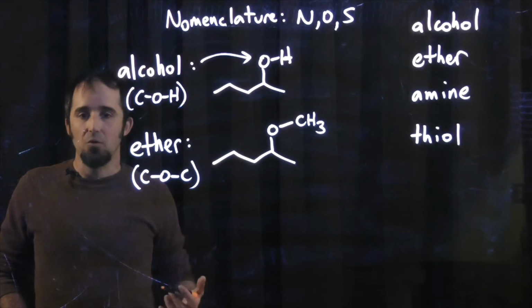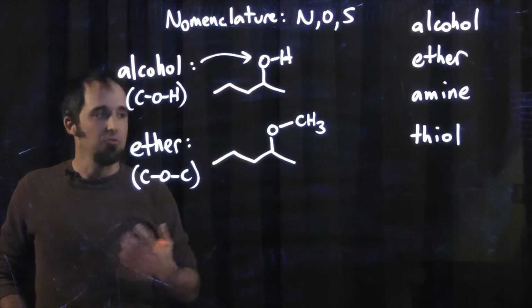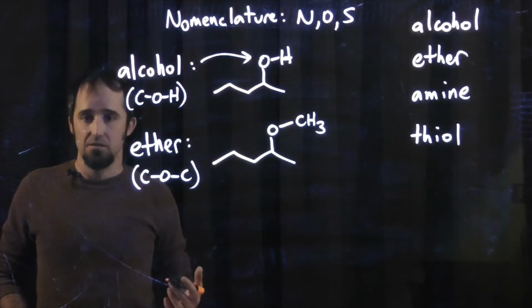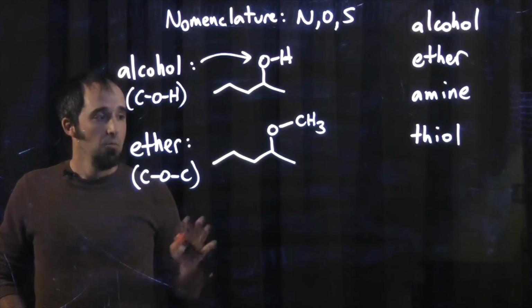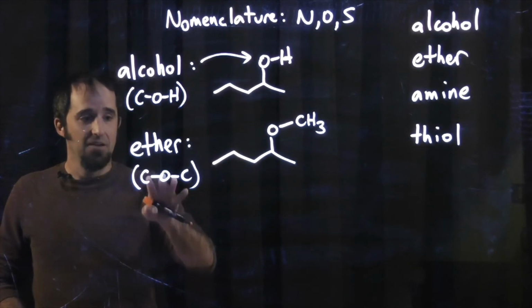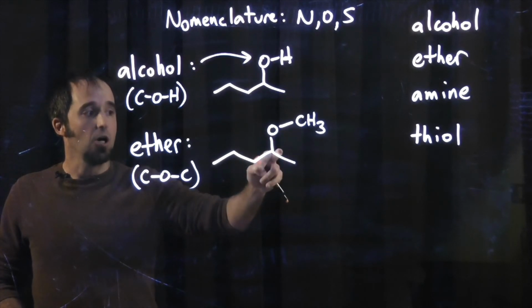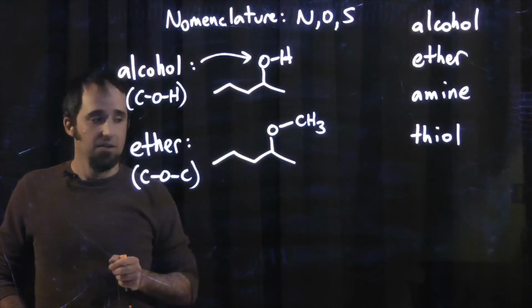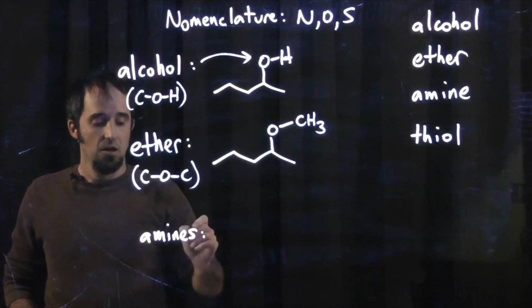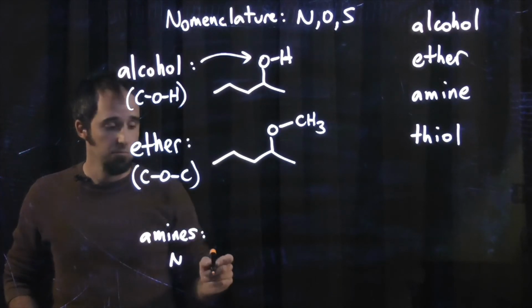What I'm going to do is whatever helps me communicate the clearest. Okay? But to the matter at hand, an ether has an oxygen that has bonds to carbons on either side. So amines are compounds with nitrogen in them.